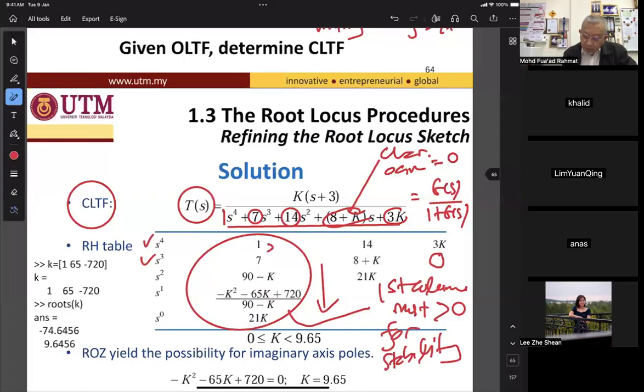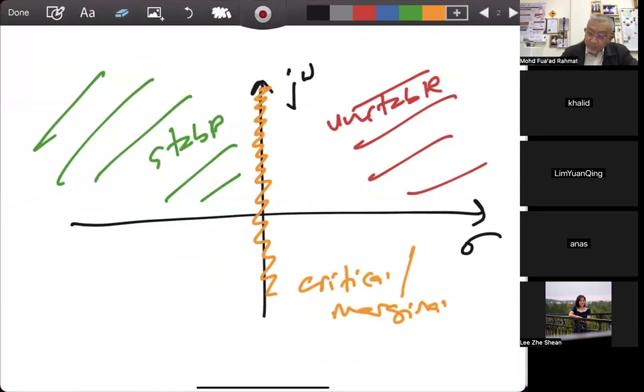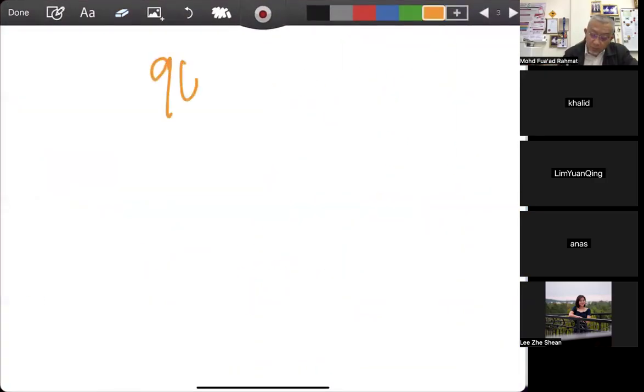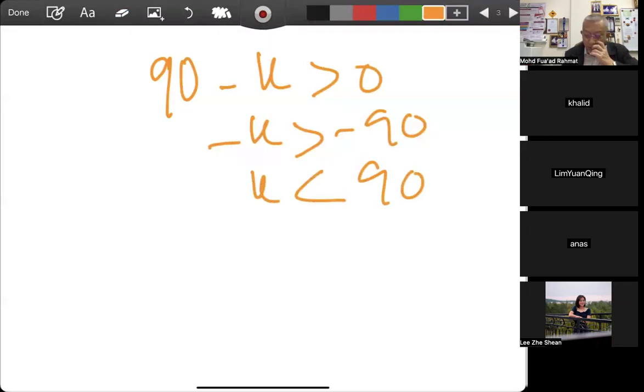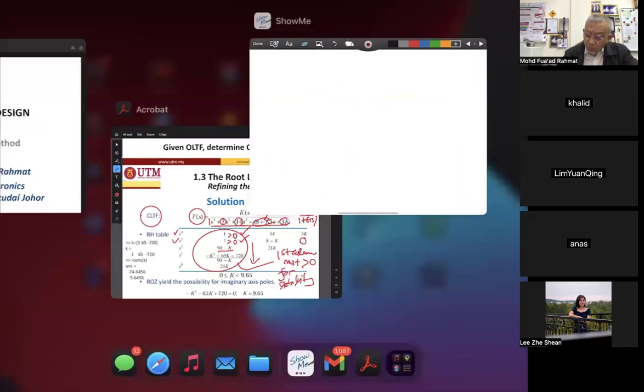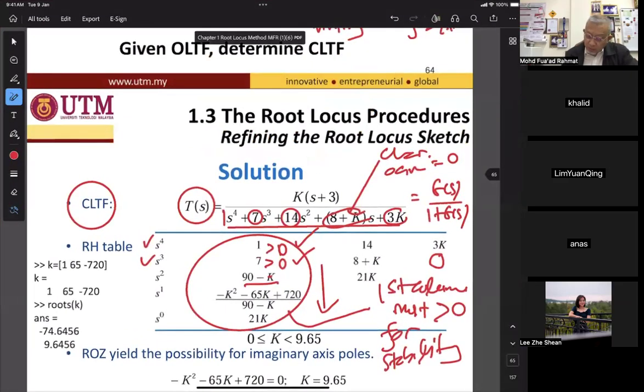So 1 greater than 0, okay. 7 greater than 0, okay. But this term, 90 minus K, and the term with 21K, we need to simplify using the equation. K(90 minus K) greater than 0, minus K greater than minus 90, K less than 90. This is equation number 1.